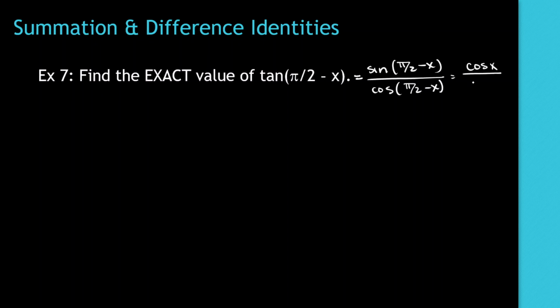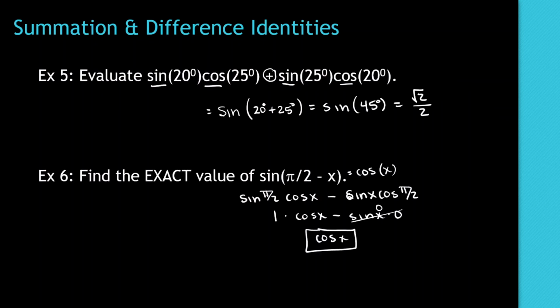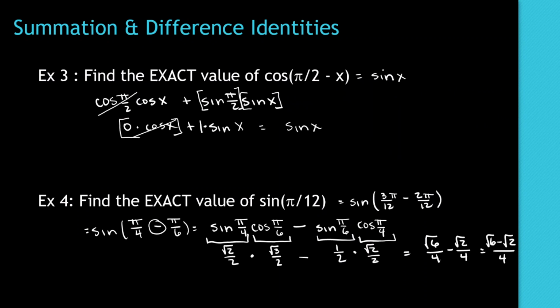And cosine of pi halves minus x, we said to be sine. So this becomes cotangent. So cotangent and tangent are also cofunctions. Okay. All right, let's just go back and take a look at that.